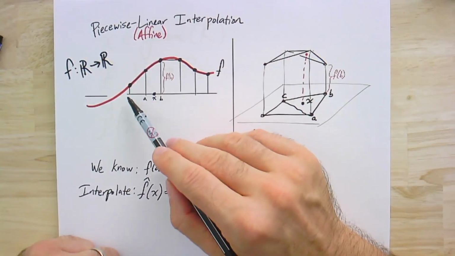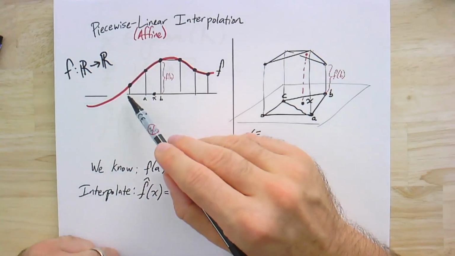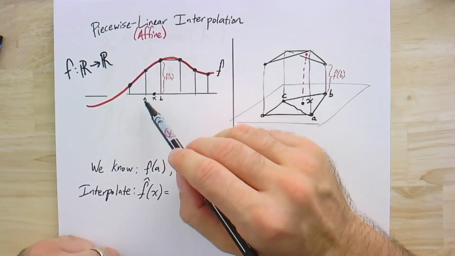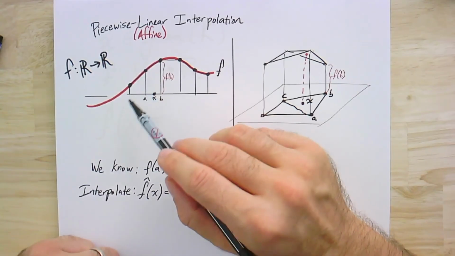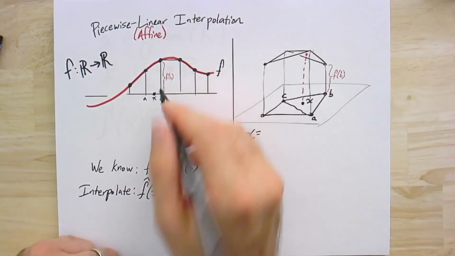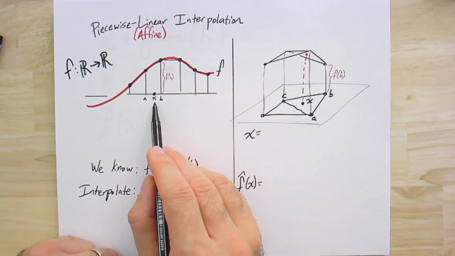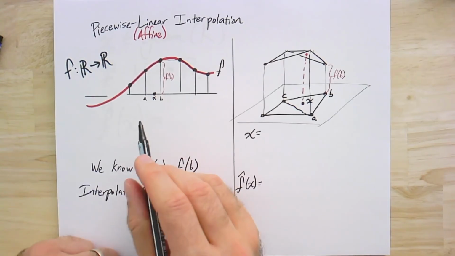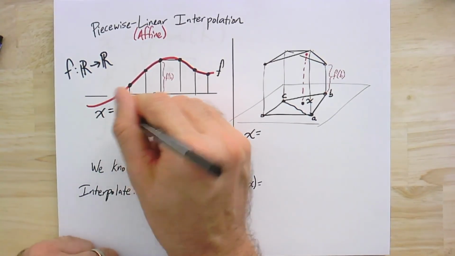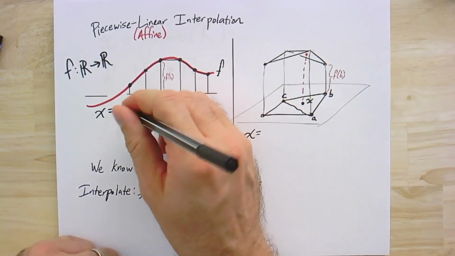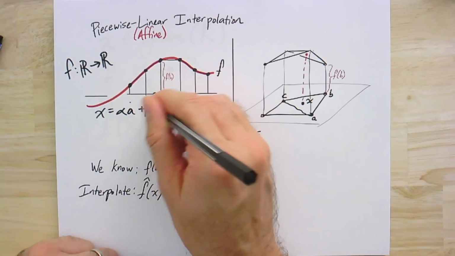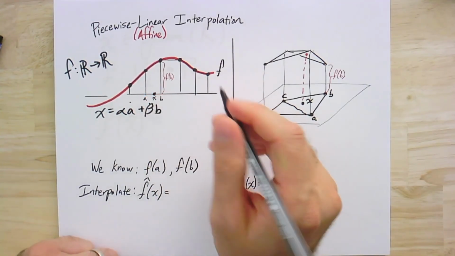If I only know the value of f at some fixed set of points, I can interpolate for points between the known points. For example, I've got the point x, and it lives on a line between a and b. So I could write x as some linear combination of a and b, that is, alpha times a plus beta times b.